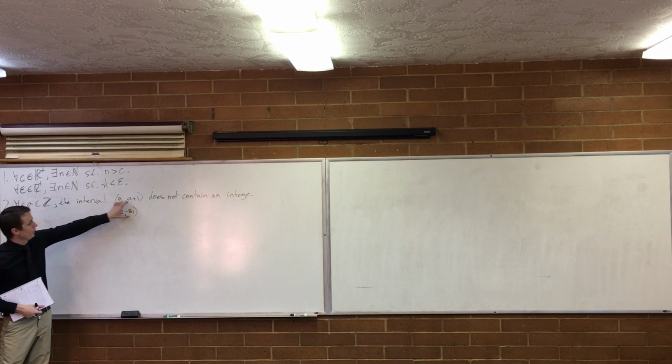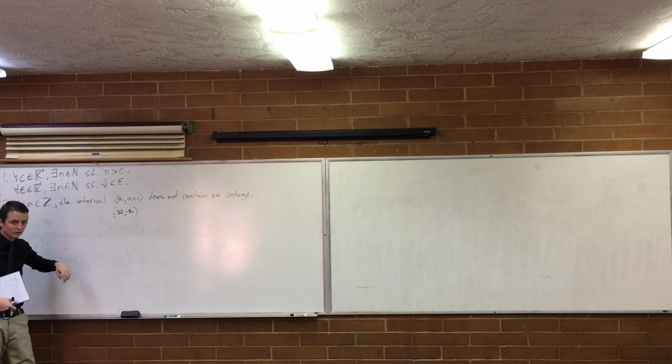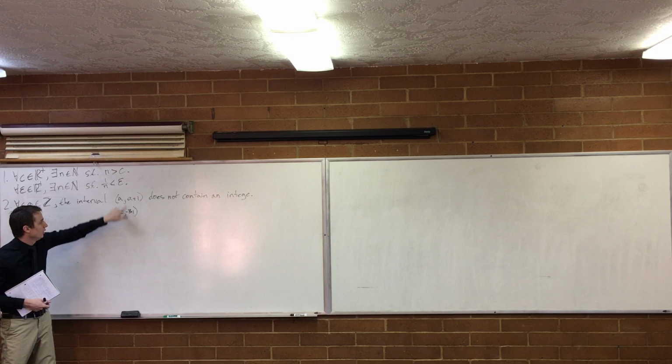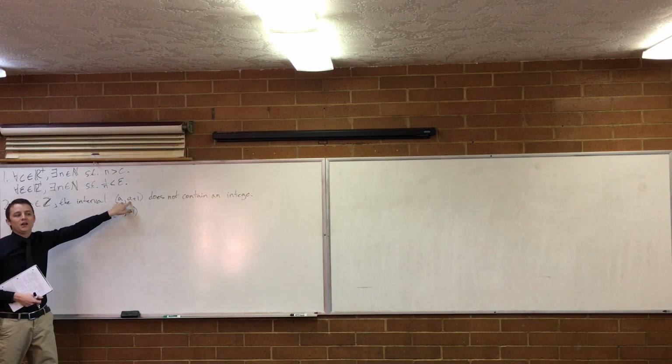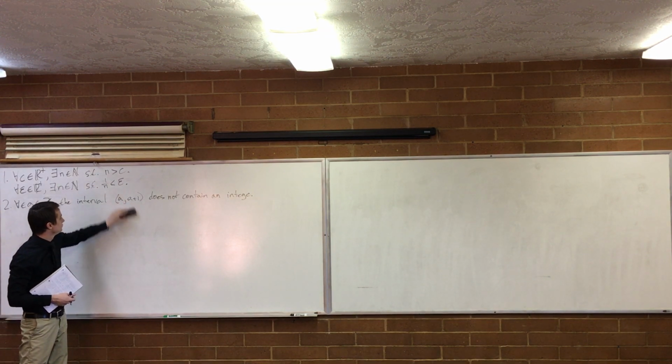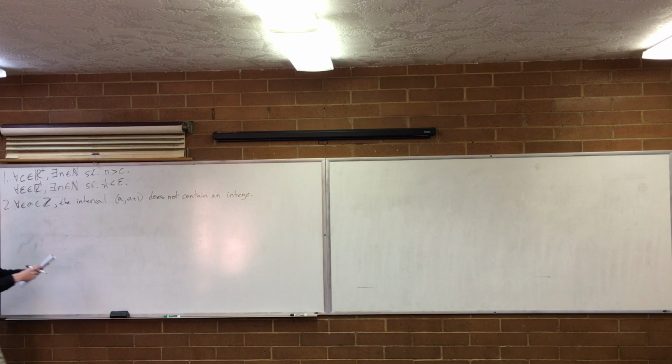Remember that when we use round brackets, it means not including the ends. So in other words, there's no integer between negative 32 and negative 31. There's no integer between a and a plus 1 if a is an integer. Make sense? Okay. So that was the second thing we proved.